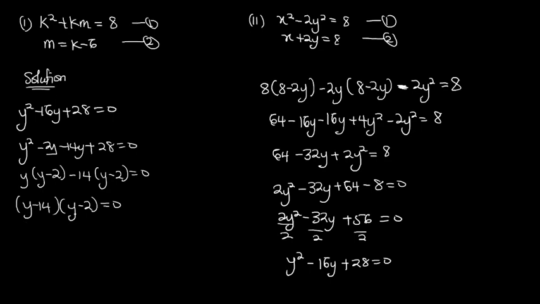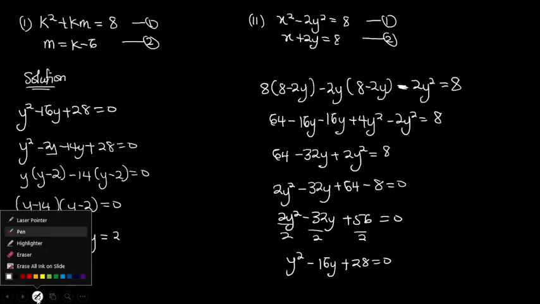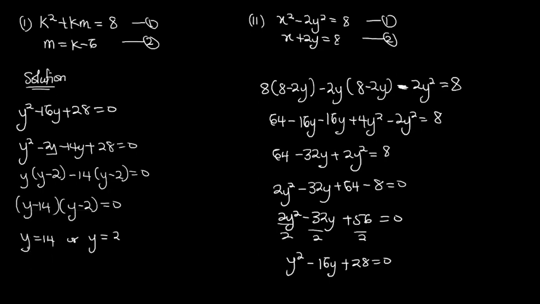So from here I equate both of them to 0. I'll get y is equal to 14 or y is equal to positive 2. Now remember that we did make x the subject. So let's find the corresponding x value. Alright, so when y is equal to 14, we said that x was equal to 8 minus 2y.